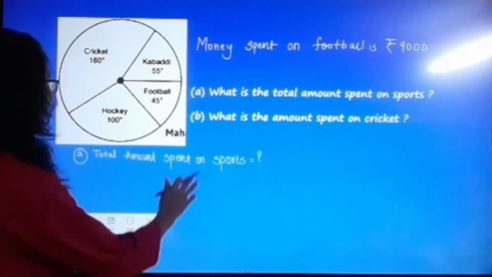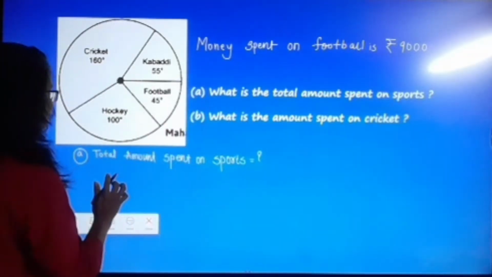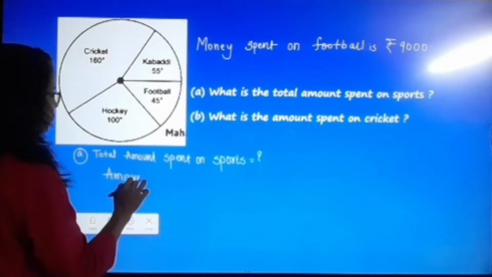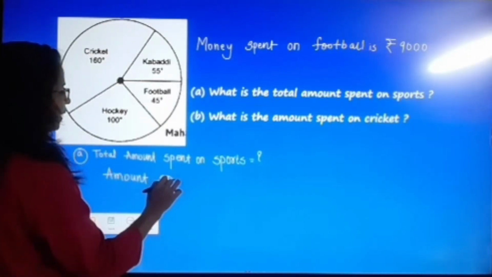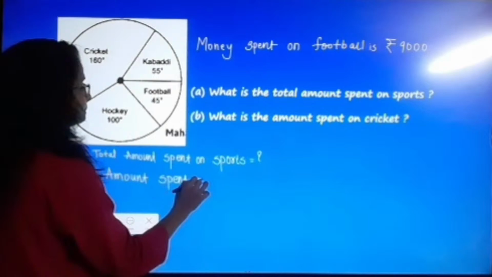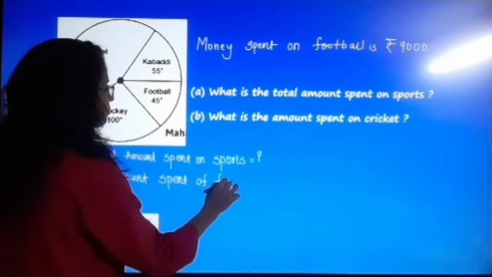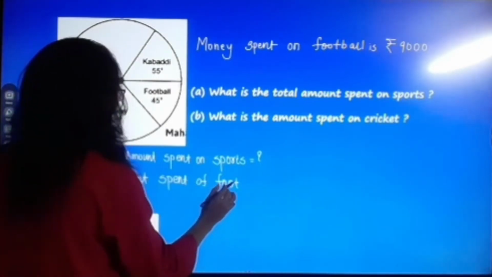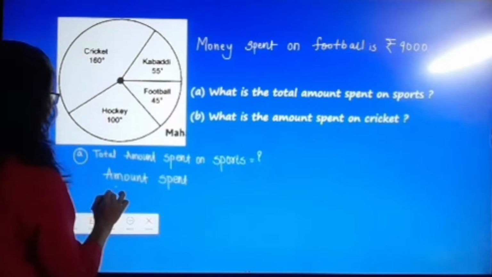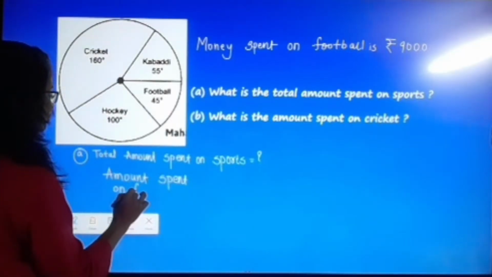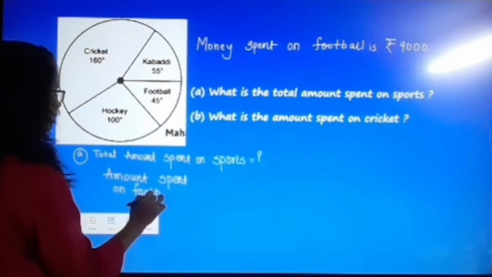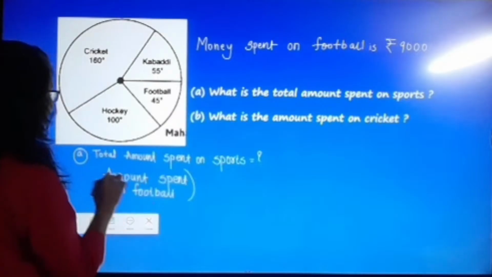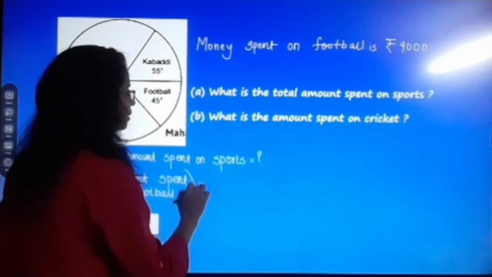So here first I write down the amount spent on football.